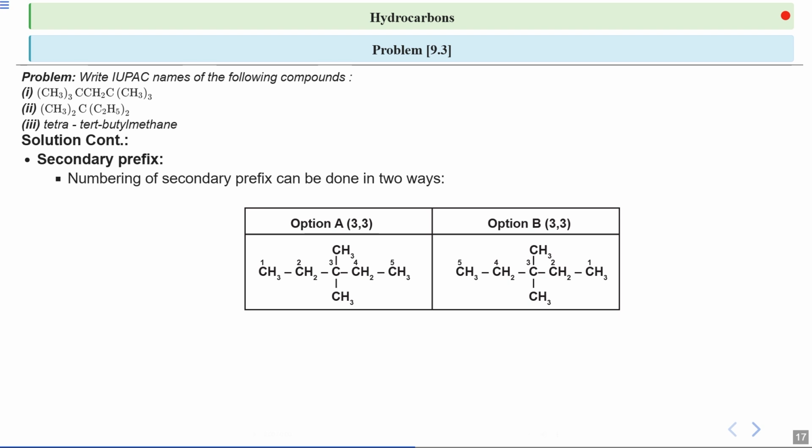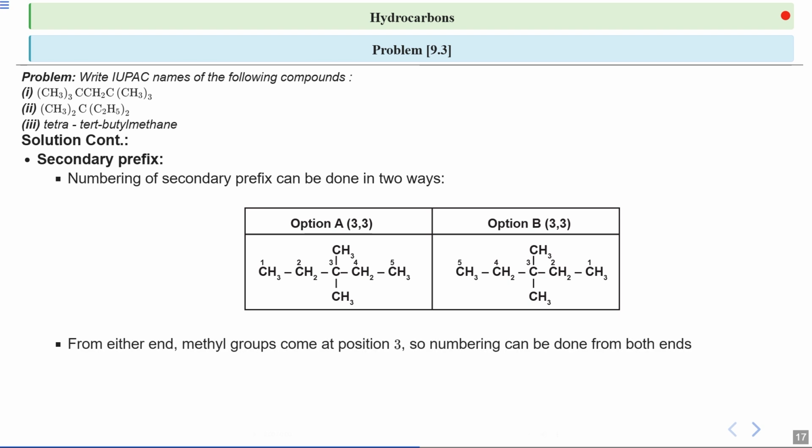If we do the numbering from the left, we get the substituent on the third position. And in option B, we have done the numbering from the right, which also gives the substituent on the third position. Both of them result in the same position of the substituent, so we can say that either of them is correct.